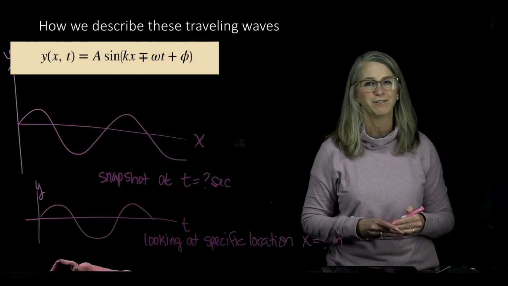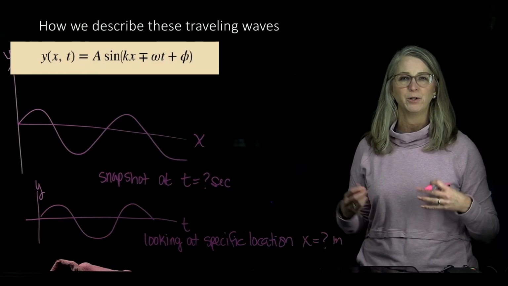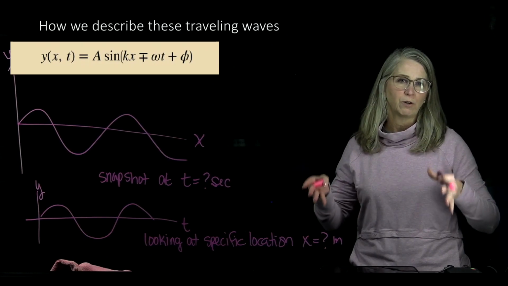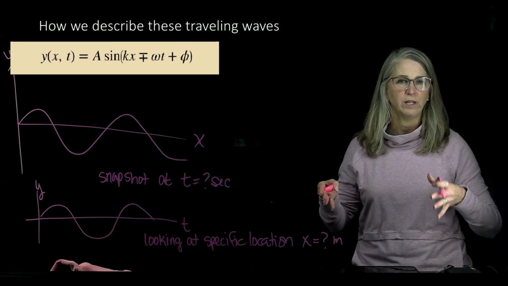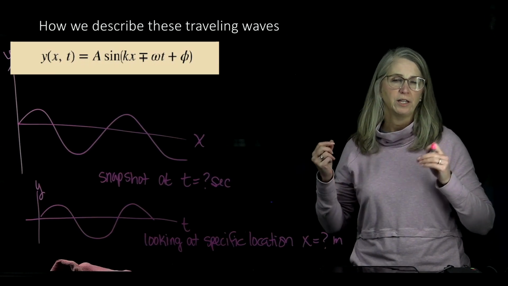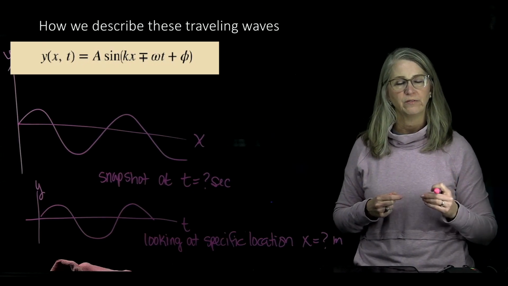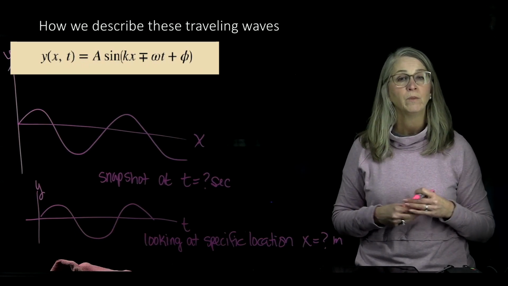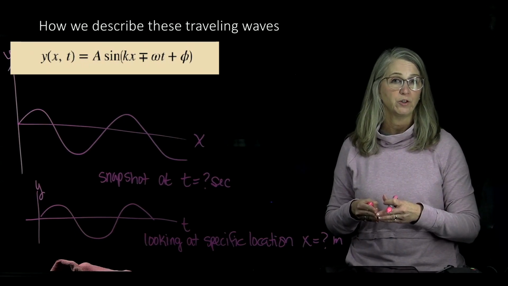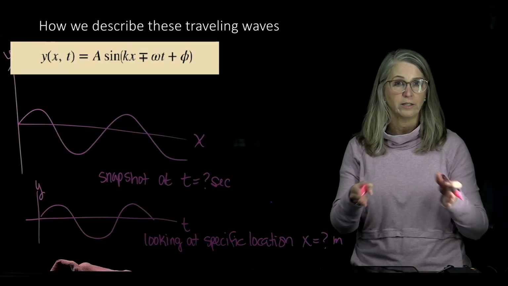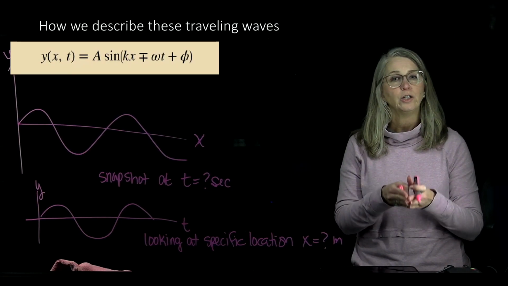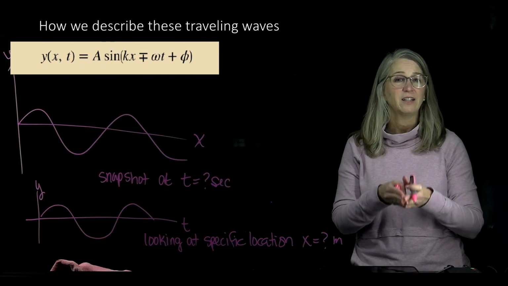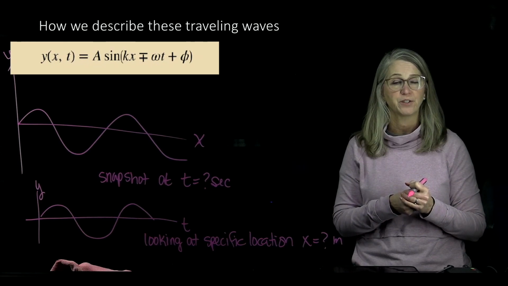So the graph looks pretty much the same, except notice that our axis has changed. If we want to draw something static for a wave, we either have to make the choice to take a snapshot of the picture at a specific time and see how the wave varies with the horizontal position, or we have to choose a position along the x-axis and look at how the position of the medium at that location will change as a function of time.